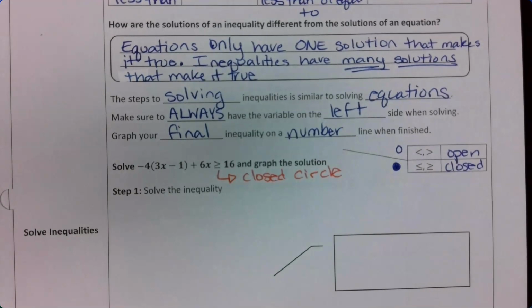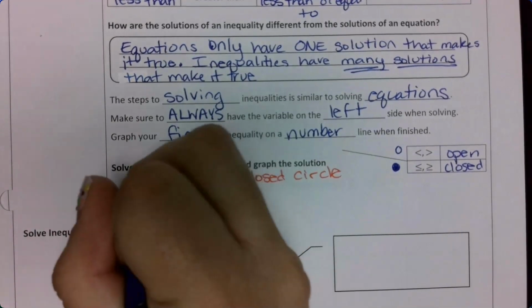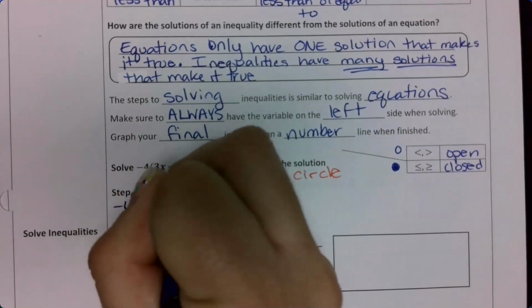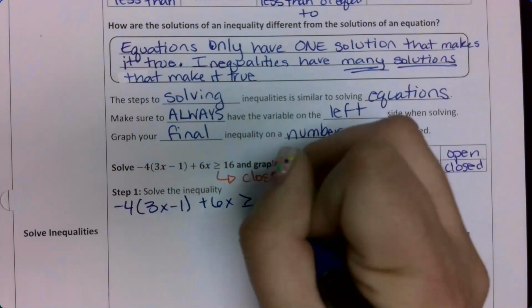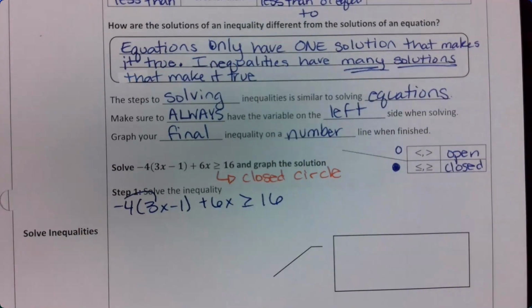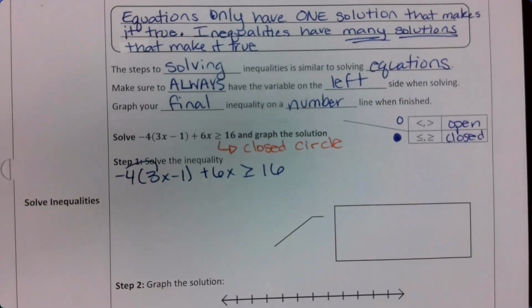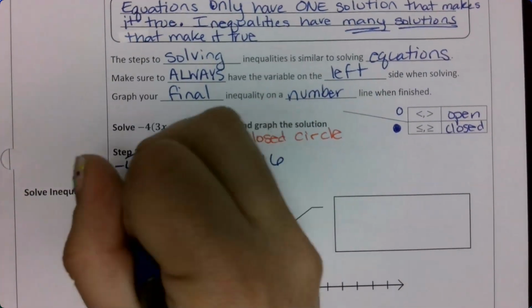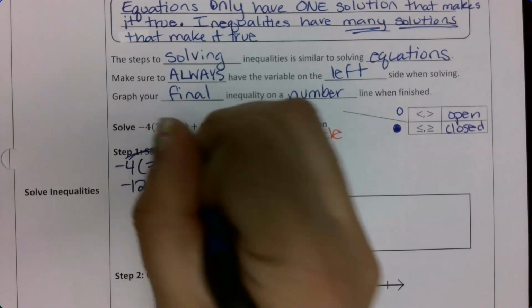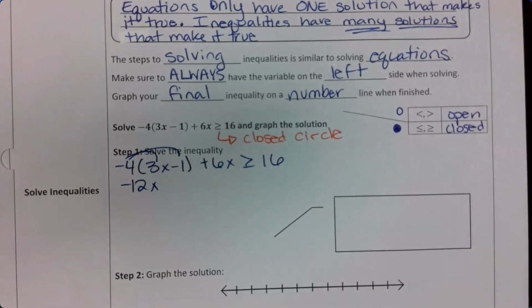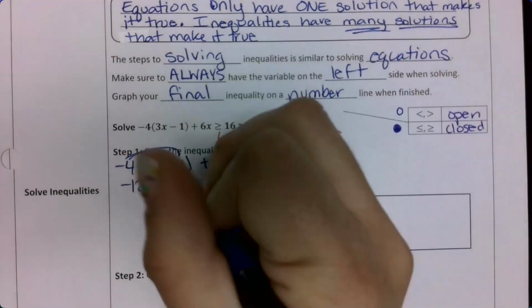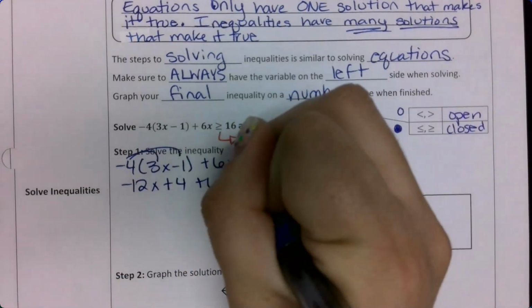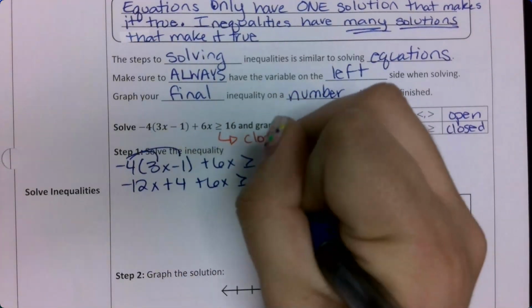What is the first thing I want to do here? I'm going to copy it down. But besides that, what is the first thing I want to do? Distribute. So what's negative 4 times 3x? Negative 4 times negative 1. And then I still have the plus 6x is greater than or equal to 16.